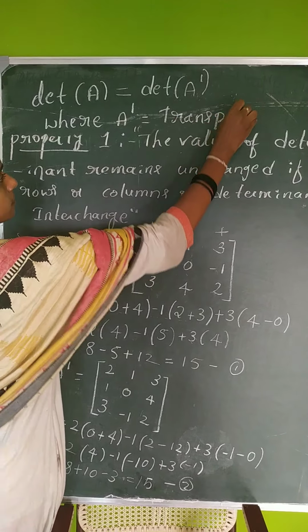So next, I'll move to the second property. In a 3 cross 3 matrix, if you interchange any two rows or any two columns, then the sign of the determinant changes.